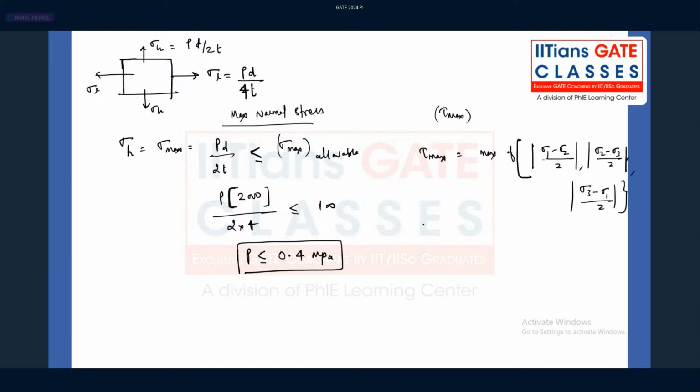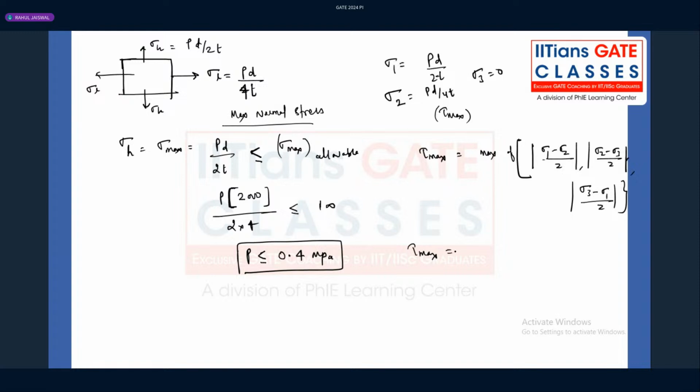What about sigma 1, guys? Sigma 1 is the maximum principal stress, PD over 2T. Minimum principal stress, sigma 2, will be PD over 4T. And sigma 3 will be 0, because we are not considering any radial stress.